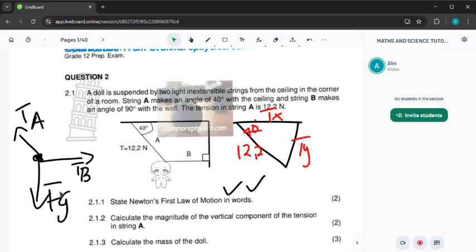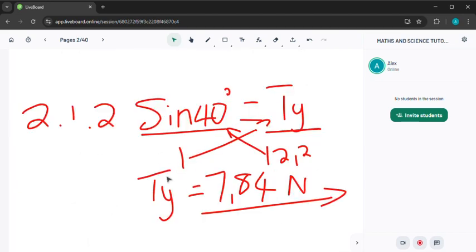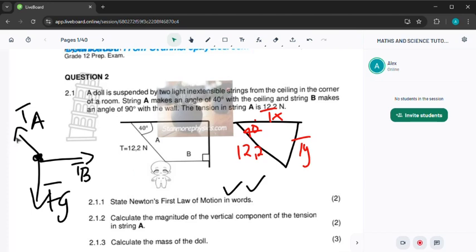Fg is a vertical force, and we also have the vertical component of TA, which is equal to 7,84. Because they are the only two vertical forces, it means they are equal.